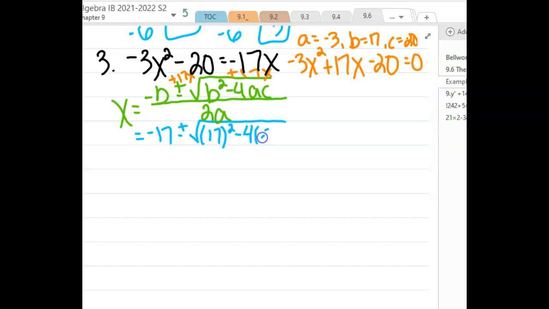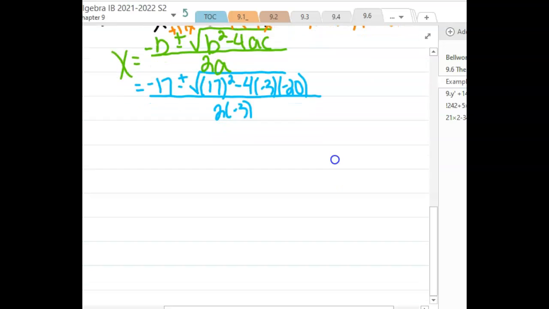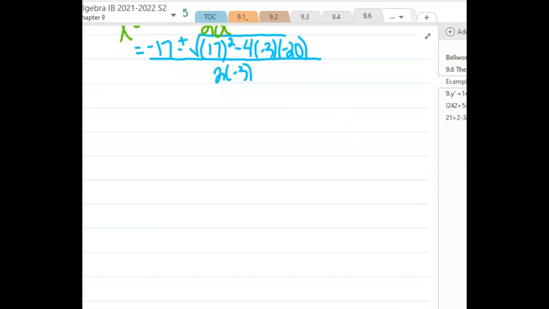A is negative 3. C is negative 20. All over 2 times a, which is negative 3. So plugging everything in correctly.